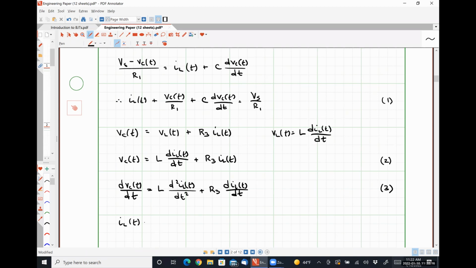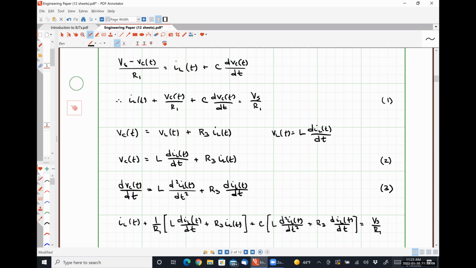IL of t plus 1 over R1 multiplied by L times dIL of t by dt plus R3 IL of t, plus C, and now I'm substituting in equation 3, L d squared IL of t dt squared plus R3 dIL of t by dt, is equal to Vs over R1.